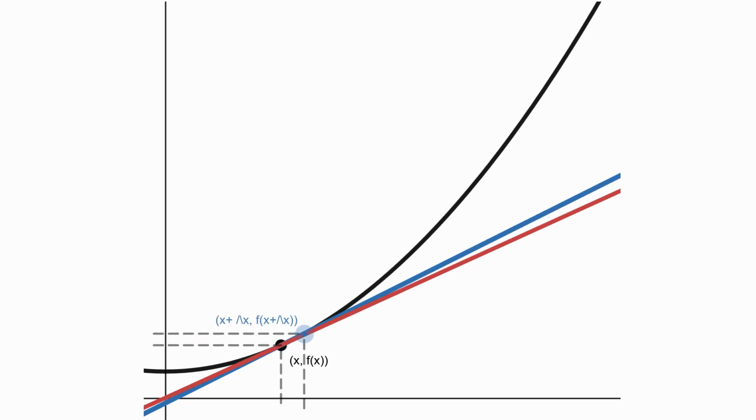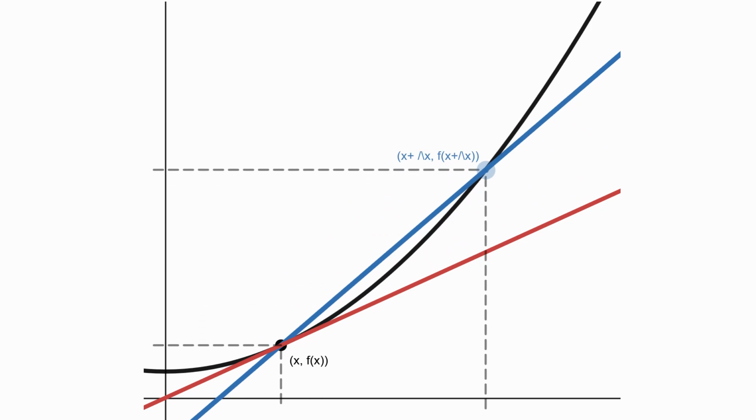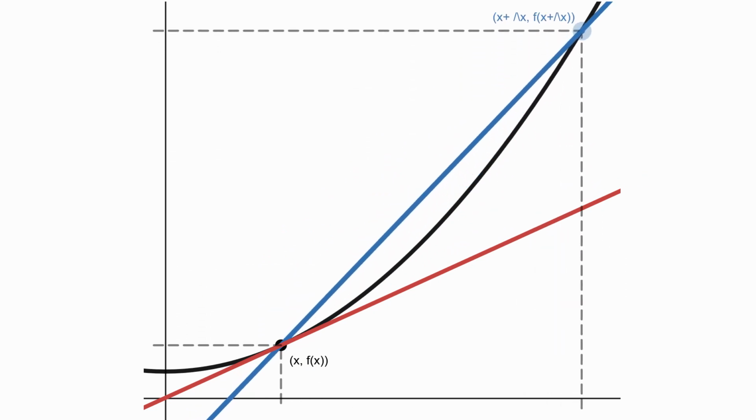So if we review what we just learned here, we've got a point on the curve at x, f of x, and then we have a second point on the curve at x plus delta x, f of x plus delta x.